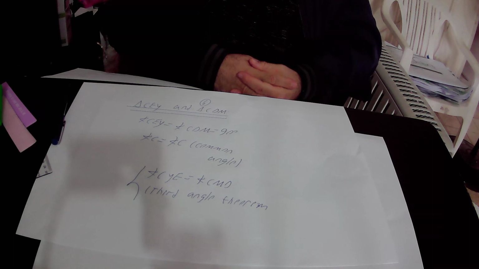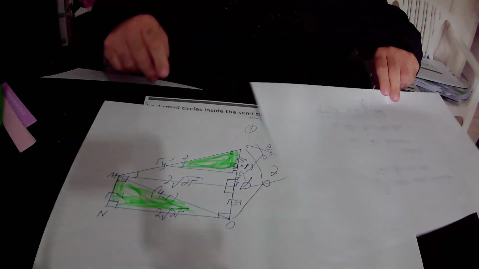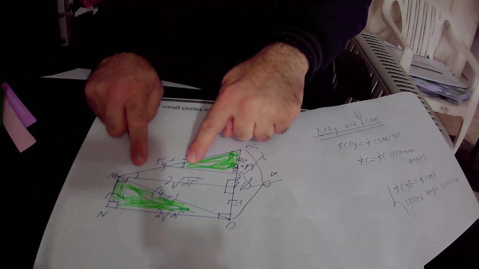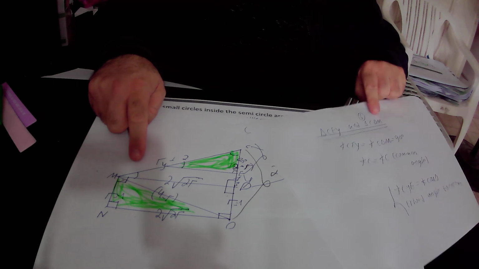The third angle theorem states that if two angles in one triangle are congruent to two angles in another triangle, then the third angles are also equal to each other.